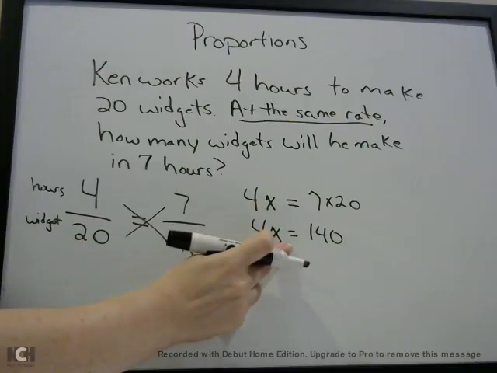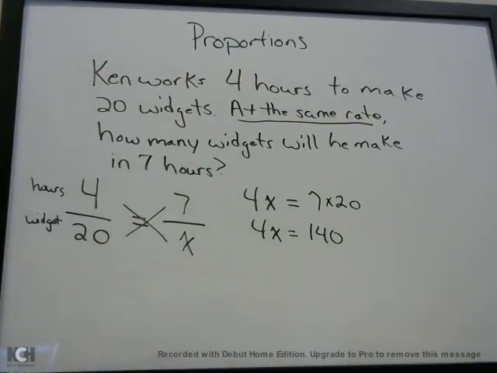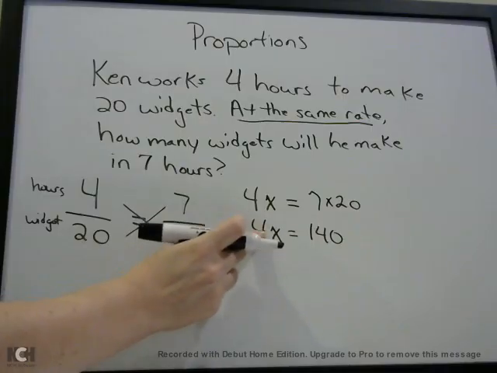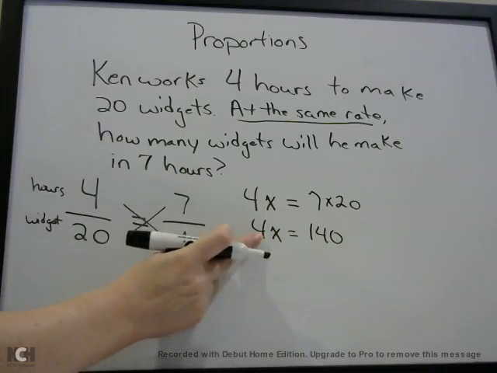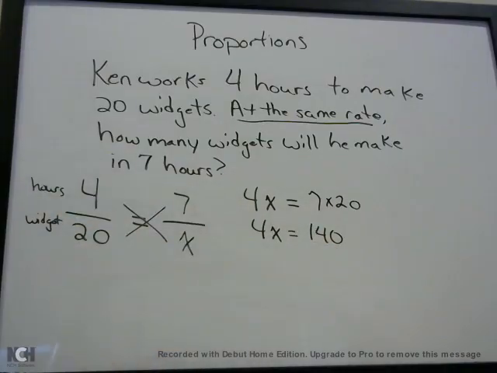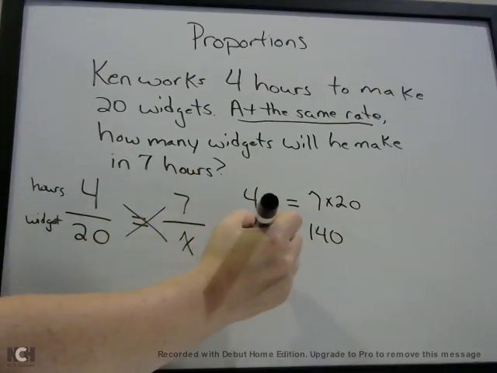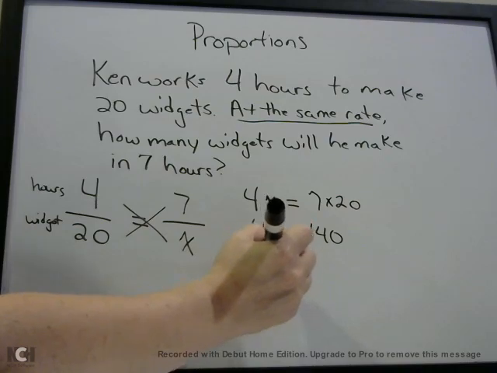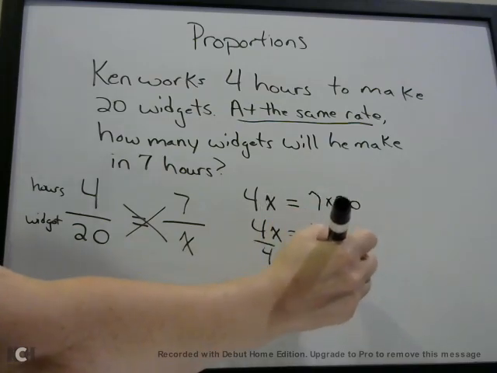So now we just need to solve for x. And the way that we do that is we divide each side by this number. So this number now is 4. So we're going to divide each side by 4. And remember that a fraction is really a division, so I can write it like this.